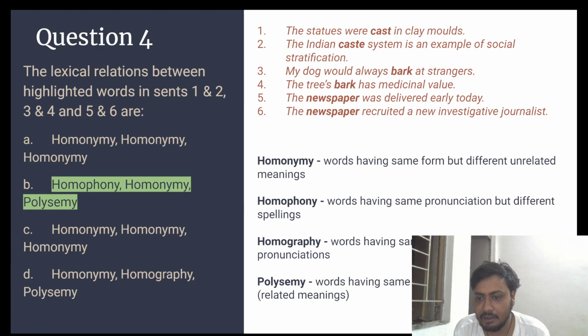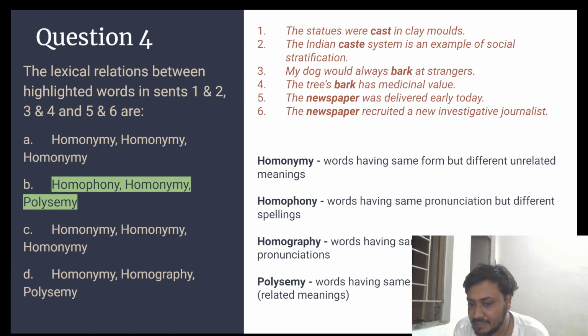Homophony is words that have the same pronunciation but different spellings. So they sound the same but are written differently. And homography is written in the same way but sounds different, like different pronunciations. And finally, polysemy is similar to homonymy in that polysemy is also about words that have the same form but different meanings.